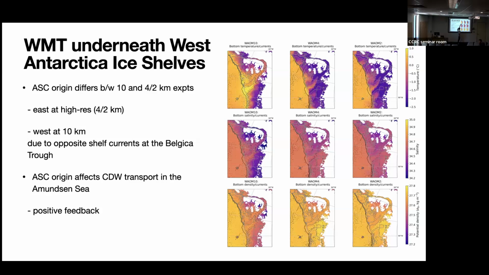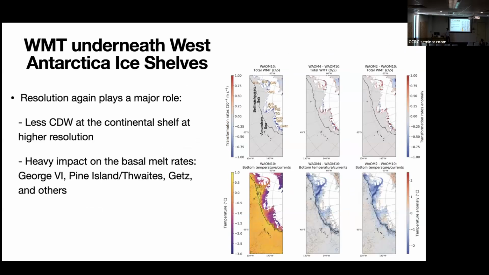And because this current is going up there, you can see it's the beginning of the slope current, which happens further east. It's kind of hard to see, but you have a weak slope current here at the bottom. At the surface you have the ACC going east, but at the bottom we have the beginning of the slope current going west of this region. So it's quite weak here in the 10 kilometer.